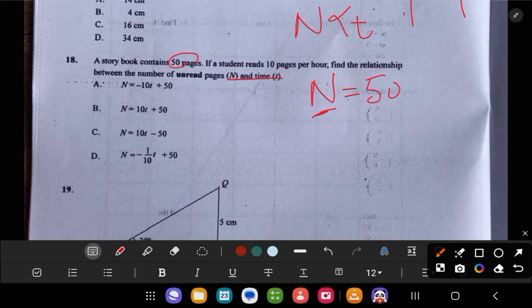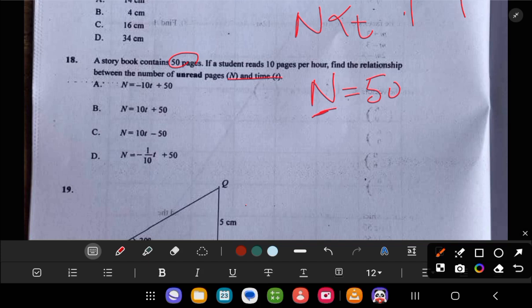So for every hour, 10 pages. So if you read 10 pages for 2 hours, it means what? 20 pages. Great.